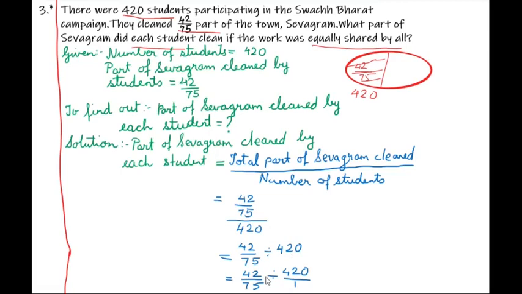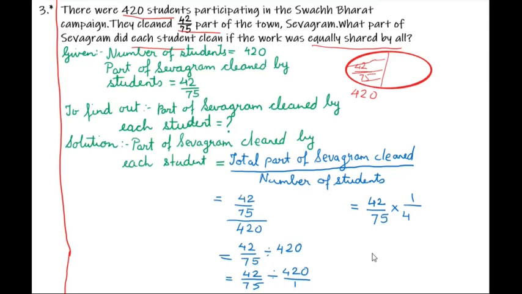Now see, I am not having place. I will show you side here. So just see, is equals to, you will solve below. First fraction as it is. What is the first fraction? 42 upon 75 multiplied by reciprocal is 1 upon 420.